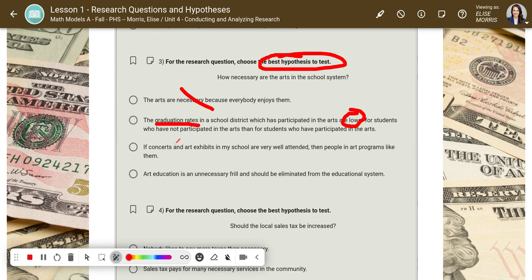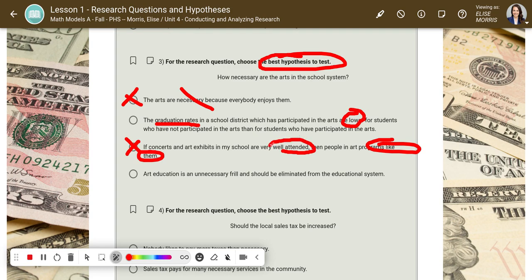All right, if concerts and art exhibits in my school are very well attended, then people in art programs like them. Okay, they lost me at like them. Okay, no. Lost me. Okay, and this is talking about concerts and art exhibits, which is specific, but we're talking about not attendance.